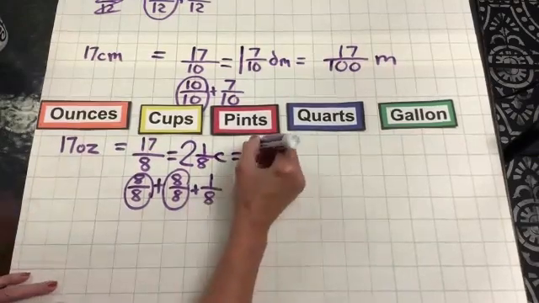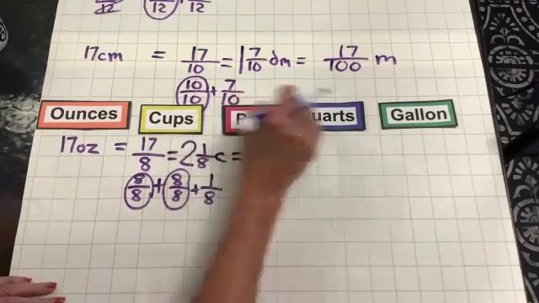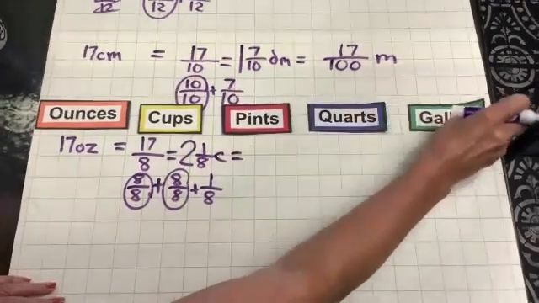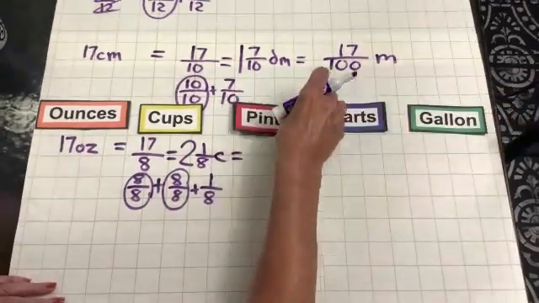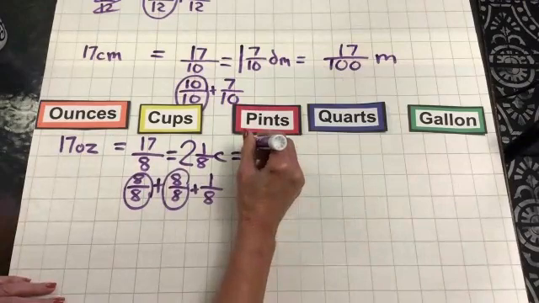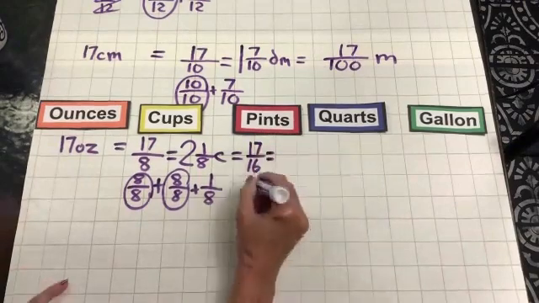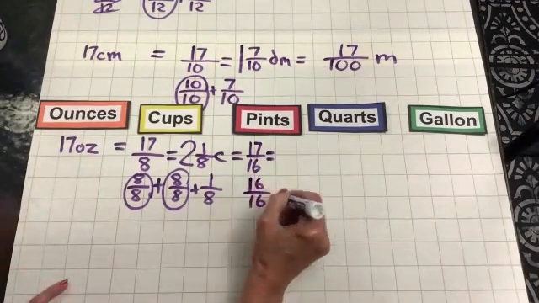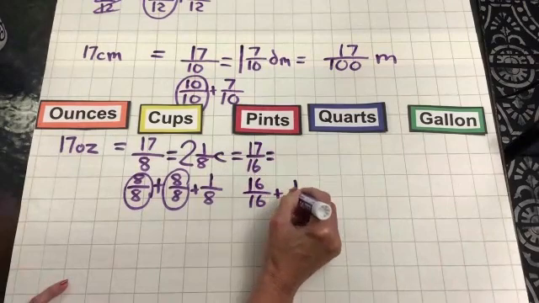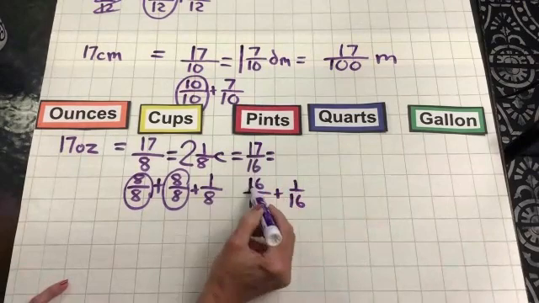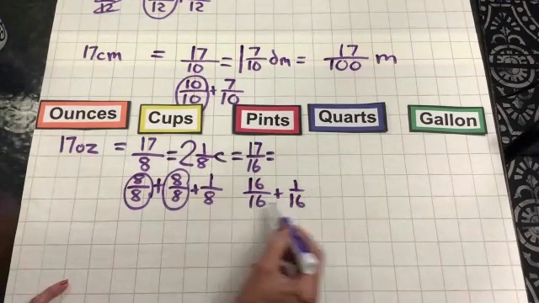All right, pints. We're getting a little lengthy here. I'm going to have to move this over so we can fit all this good stuff. Okay, so we have 17/16. Well, 16/16 we can take out of there, and we have 1 left over the 16. So 16 plus 1 is 17/16.